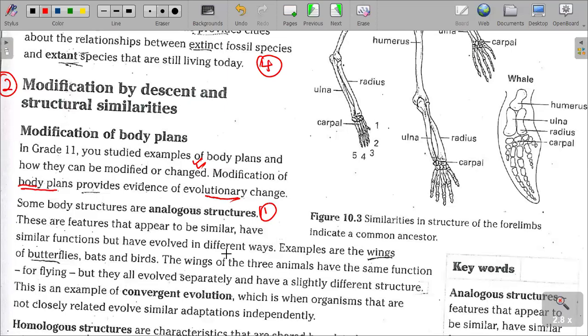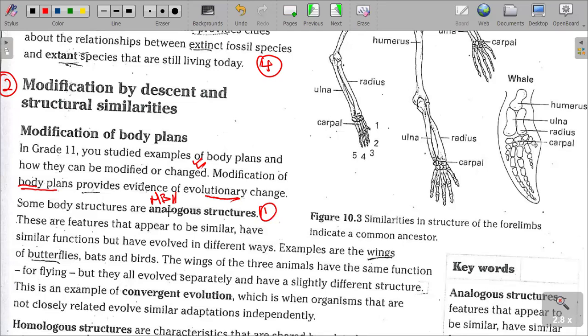Number one, some body structures are analogous. Analogous structures are features that appear to be similar, have similar functions, but have evolved in different ways.